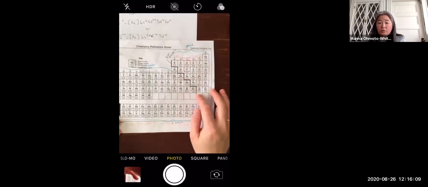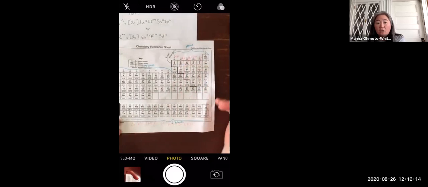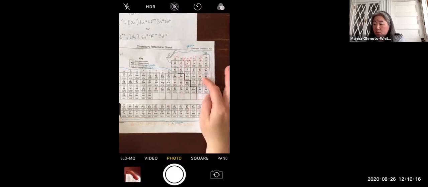Oftentimes it's an s2p6 electron configuration. For the post-transition metals, it will often get to just the d10. If you are a nonmetal, to the right of the Zintl boundary, you will gain electrons, and the number of electrons that you gain will be however many it takes to attain a noble gas electron configuration.